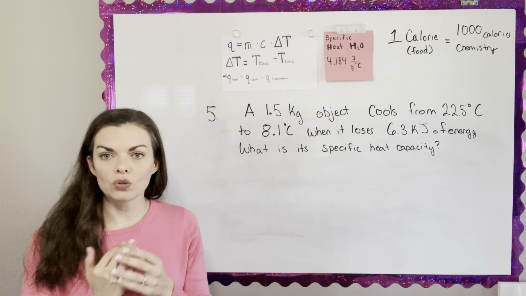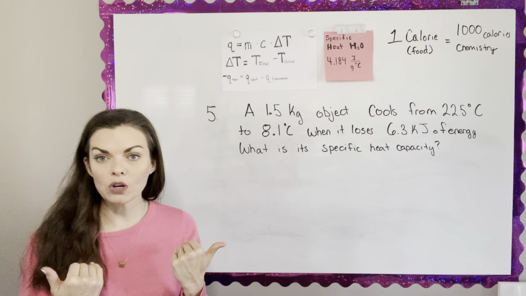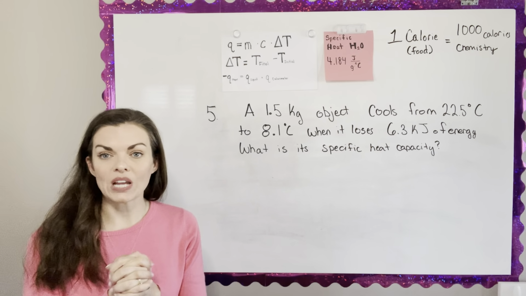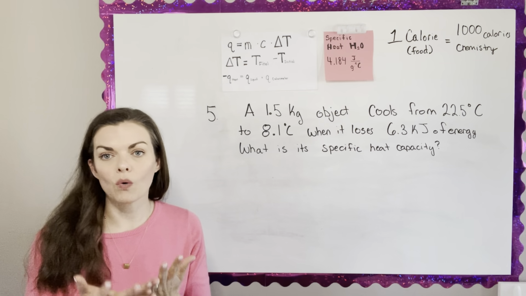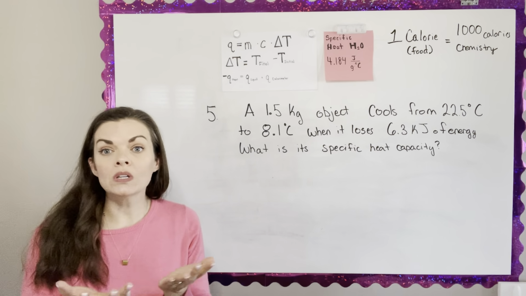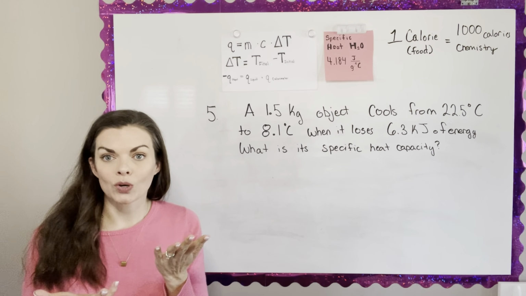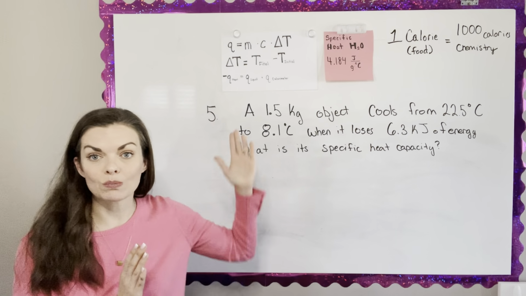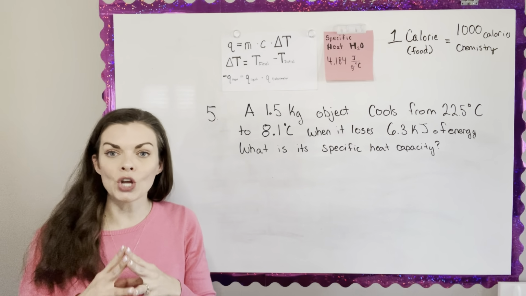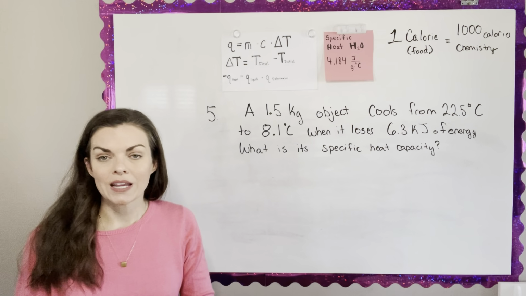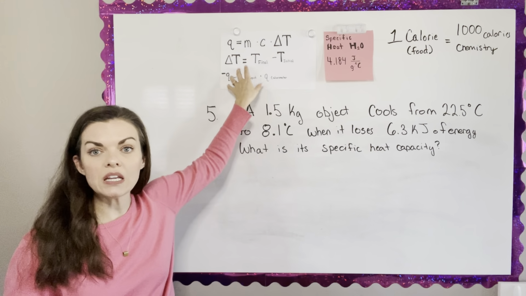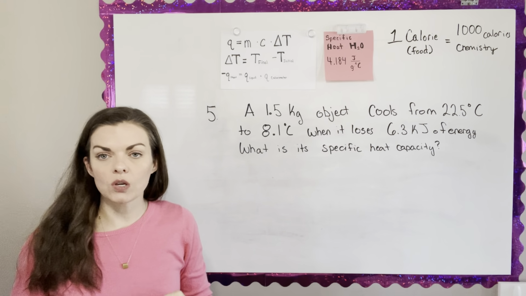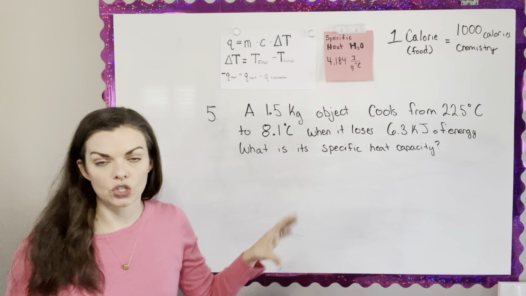So by doing a formula or an experiment, you could figure out the specific heat of your compound, and then you could go look it up and figure out what that metal was. So you could do an experiment similar to the hamburger one. You could figure out how much heat it gives off and calculate the specific heat. And then you would know exactly what your metal is. And so to do that, we would use the heat equation, Q equals MC delta T. And that's the equation you're going to start using for the rest of this chapter.